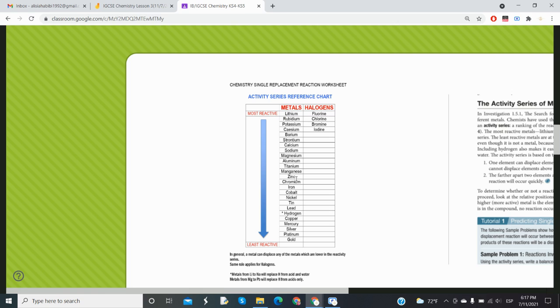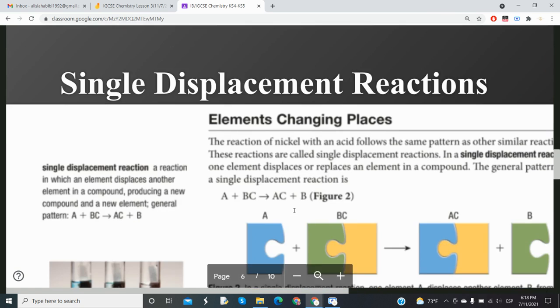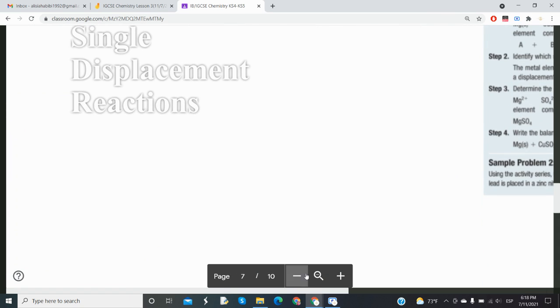It doesn't say zinc reacting with lead nitrate, the opposite. Remember, lead is placed in zinc nitrate. If it were the other way around, zinc could displace lead, because it is above it in the activity series.